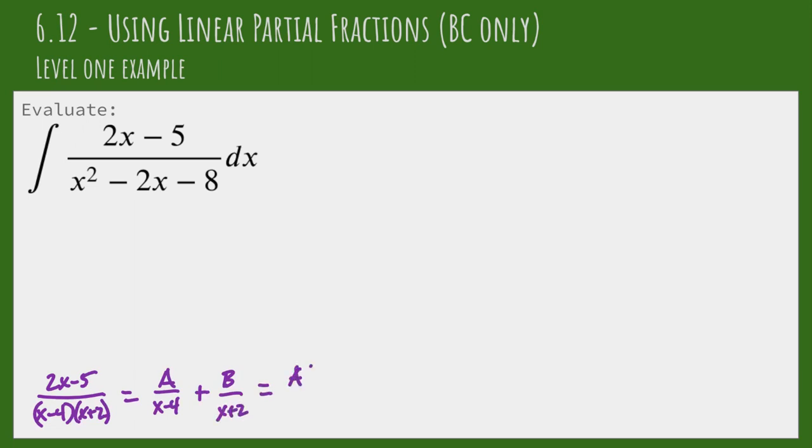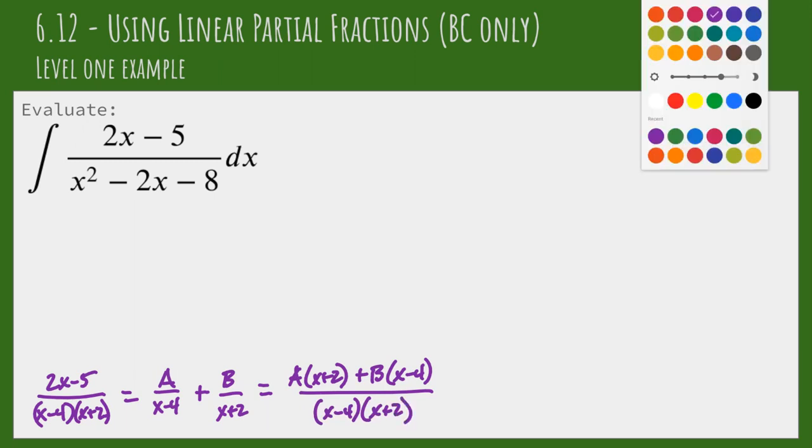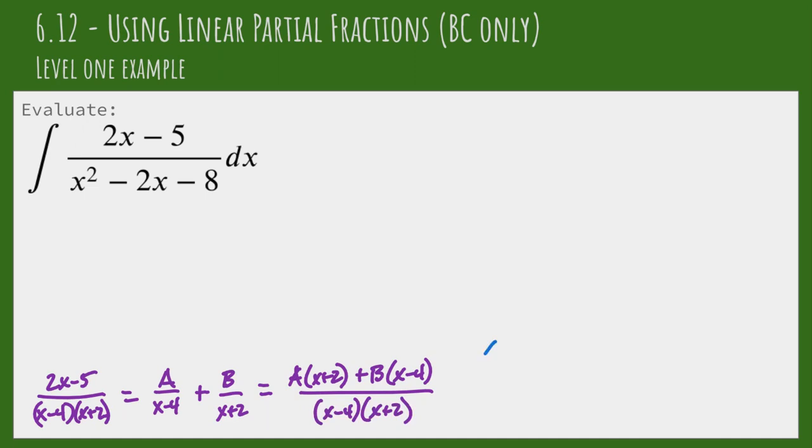Getting our common denominator. Looks like that. And then making choices for x, we can say x is negative 2. So that's going to give us negative 9 is equal to negative 6B. That gives us B equals 3 halves.